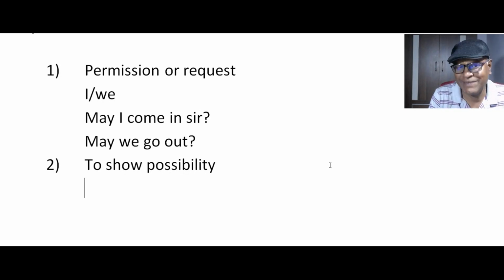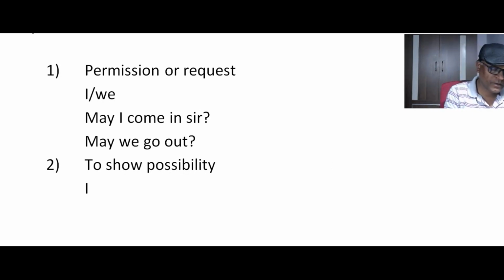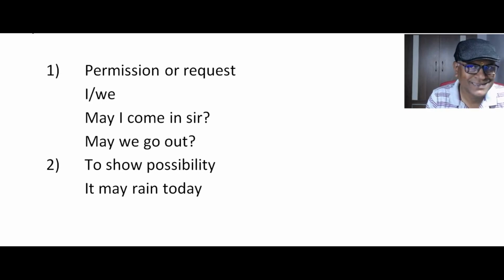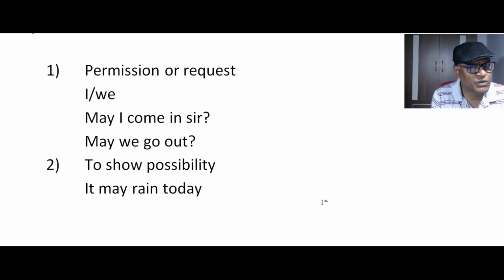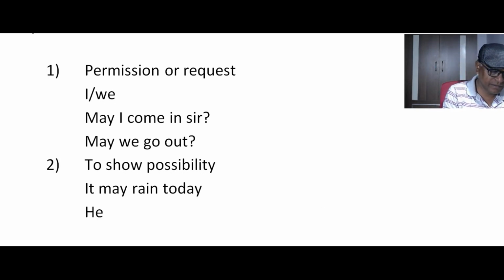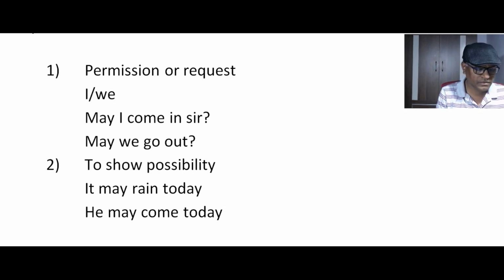To show possibility, like we say, it may rain today, because we see clouds in the sky, so we think that it may rain today. Second example we may take here, like he may come today. So this is the second use of may.